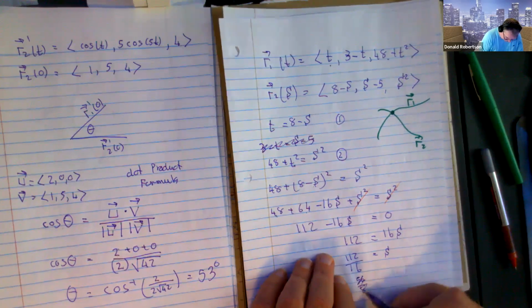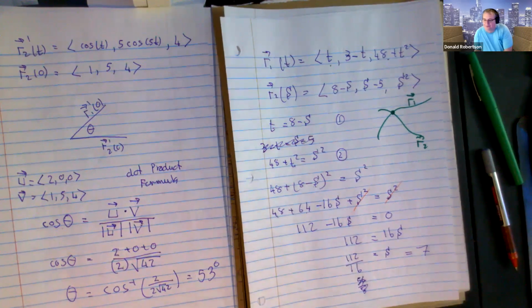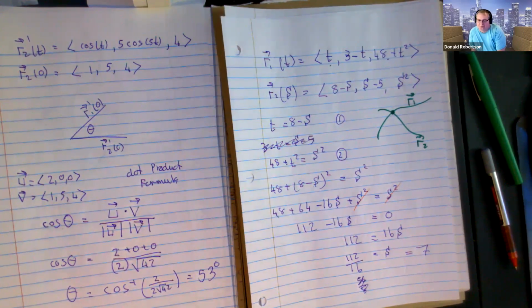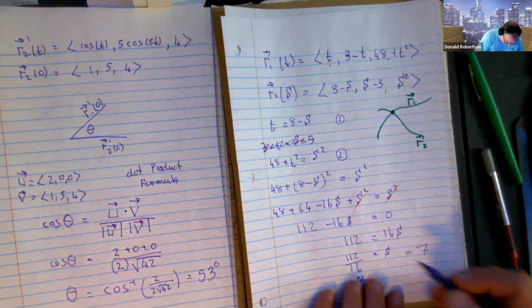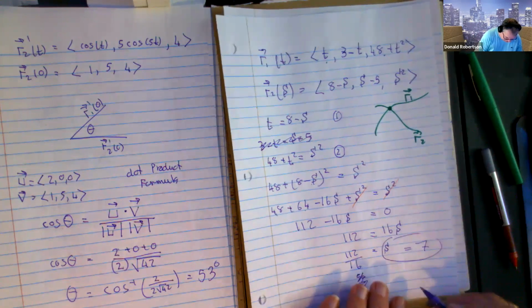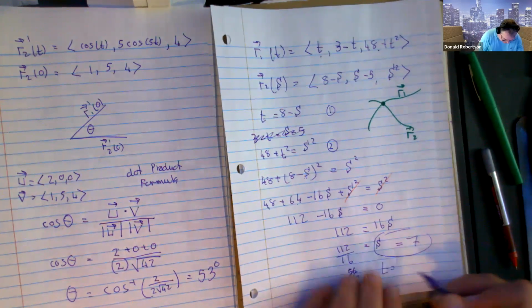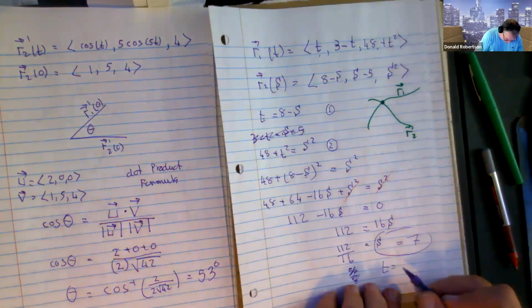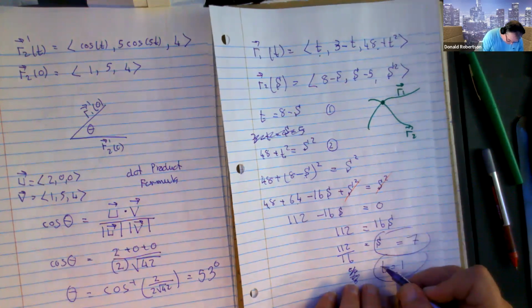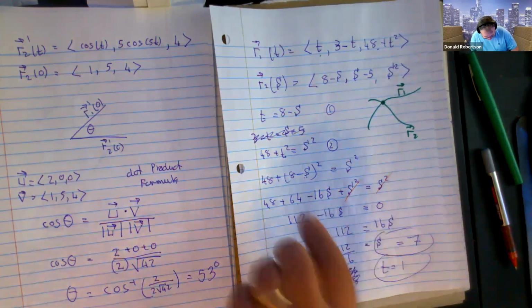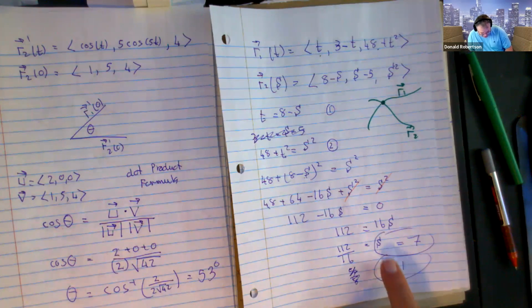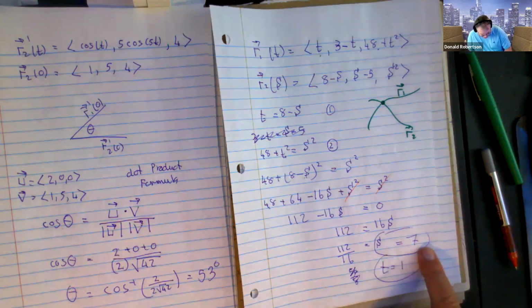Oh, would you believe it? 7. That actually comes out nice. So I know that s is 7. And I know that t is 8 take away s. So that makes t 1. So these guys intersect at a point when s is 7 and t is 1.